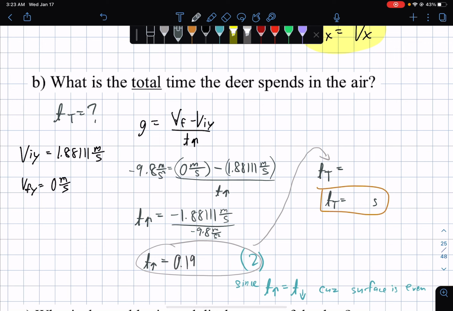Okay, so we have 1.19195 seconds. Multiply that by 2, we get 0.3839.